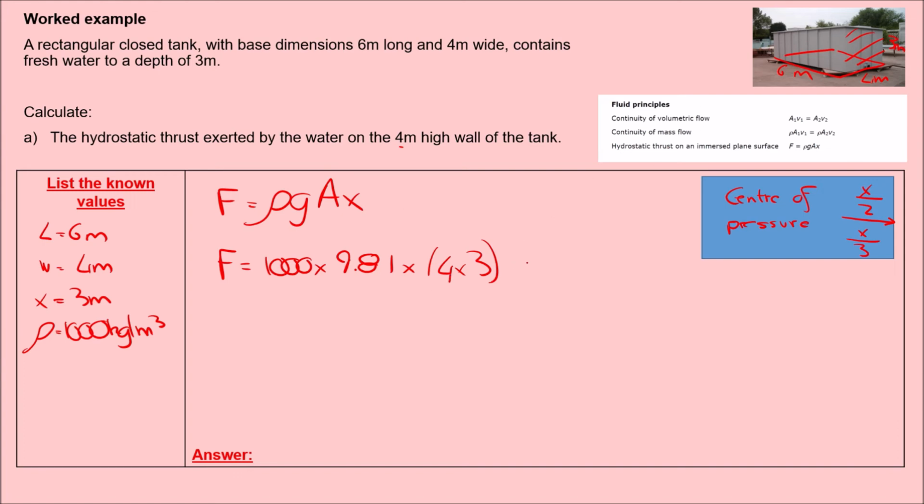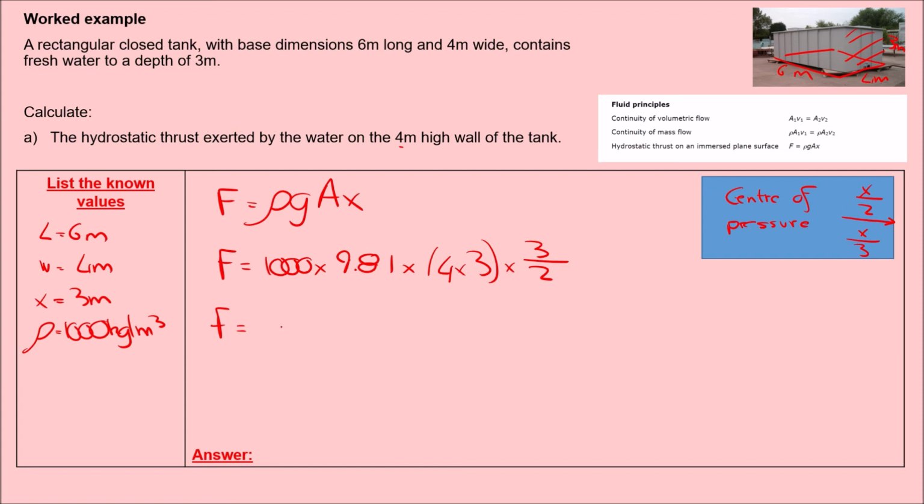Then our centre of pressure takes our x, which is the height of the fluid, and we divide that by 2. If you can remember, you can do it by 3 and you actually get a more accurate answer, and there's a reason for that which we're not going to go into in this video. I could do deriving formulas and all that jazz, but divided by 2 is plenty accurate enough for us.